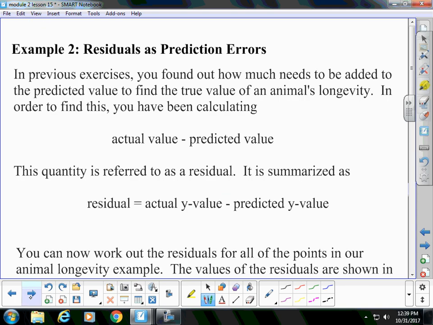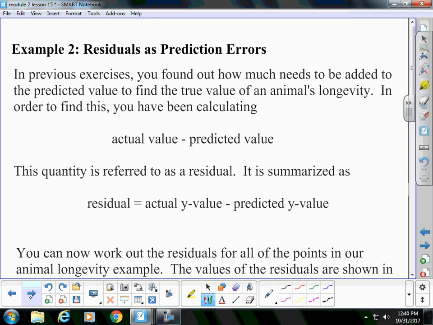Okay, so continuing our discussion about residuals and prediction errors. In the previous exercise, you found out how much needs to be added to the predicted value to find the true value or the actual value of the animal's longevity. In order to find this, you have been calculating actual value minus predicted value.